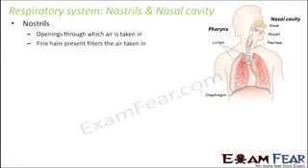There are fine hairs present there which filter the air we take in. You can observe the small hairs present in the nostrils. They are used to filter whichever air we are taking in. Whatever impurities or dirt is there, the hairs try to stop them. So in a way, it is filtering the air being taken in.